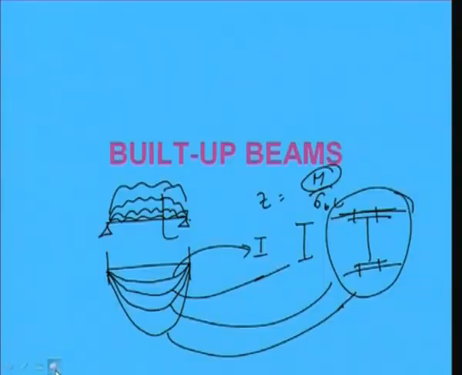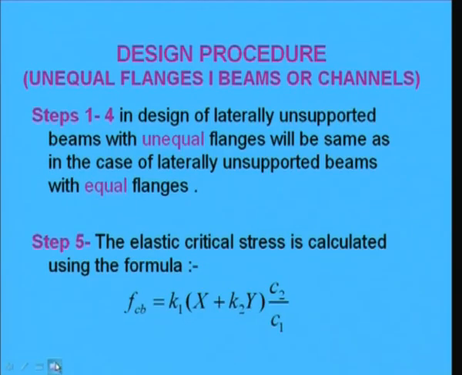The design procedure which I could not discuss because of shortage of time, first let me give an overview very shortly, then I will come to the details of built up beams. In the last lecture I was discussing the design procedure of unequal flange I beams or channels.